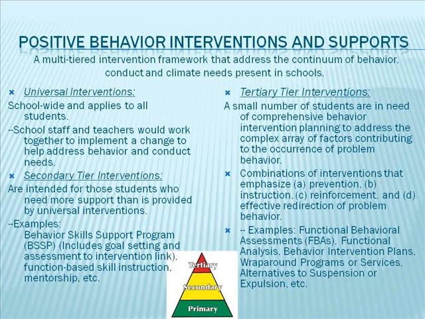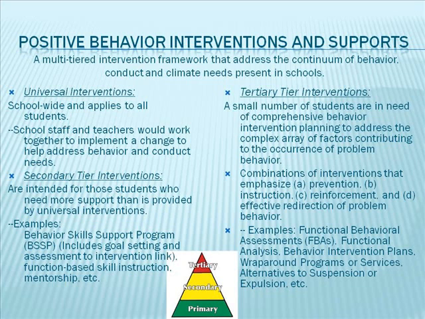Finally, there are tertiary tier interventions. These interventions include a small number of students or just individual students who are in need of comprehensive behavior intervention planning to address the complex array of behaviors that are contributing to the occurrence of the behavior problem. These students may receive a combination of interventions that emphasize prevention, and help the student to reduce behaviors that are affecting everyone else.